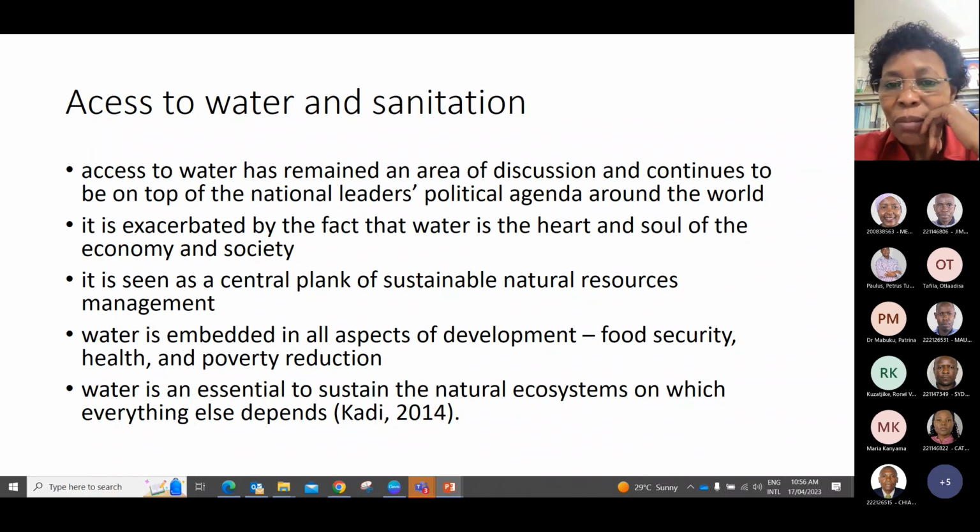Poor ecosystem health means poor water resources, inadequate availability of water, and subsequent poor sanitation, and the challenges that the absence of adequate water and good sanitation bring about. Next, please.